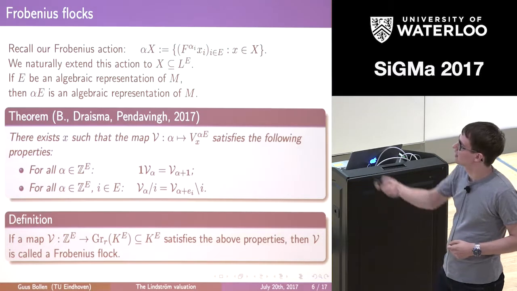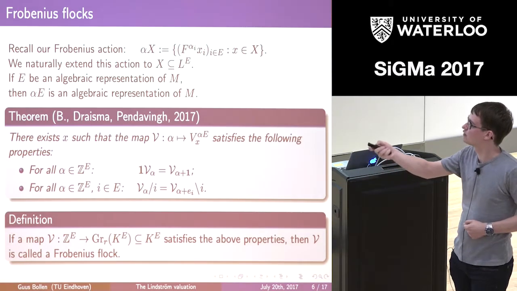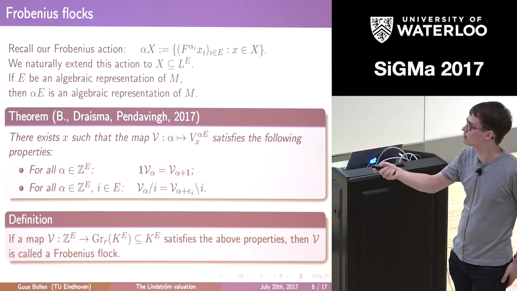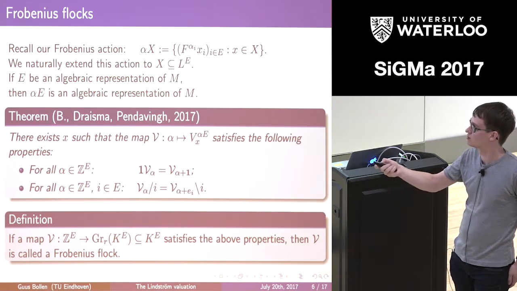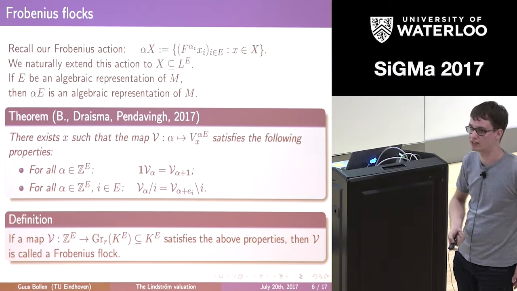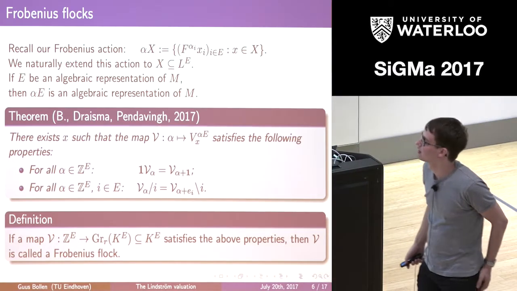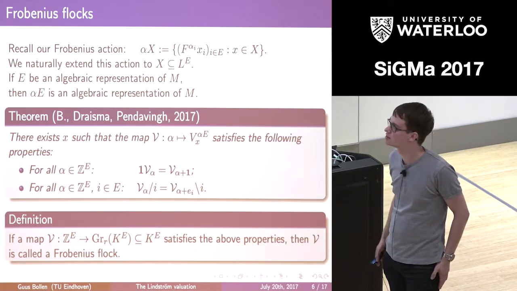So, yeah, if a map satisfies these two properties, a map from the integer vectors to r-dimensional subspaces of K to the E, then we call V a Frobenius flock.